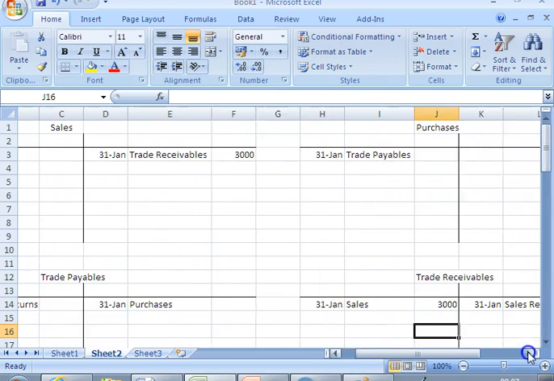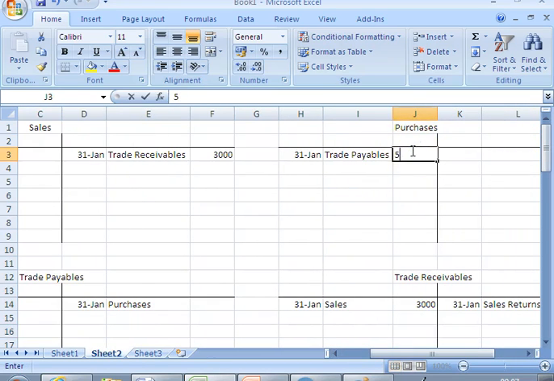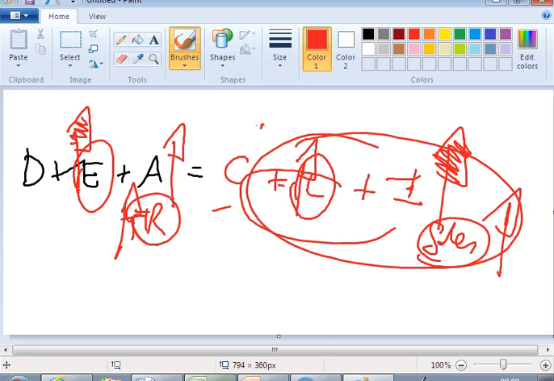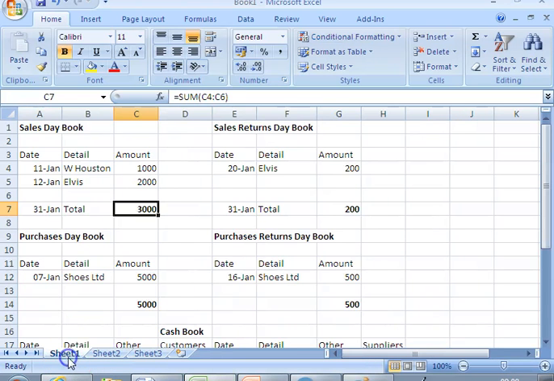Here we are. I already have it semi-prepared. We have 5,000 there, and we have trade payables 5,000 here. Debit purchases, credit trade payables. These are totals. They all live in the general ledger.